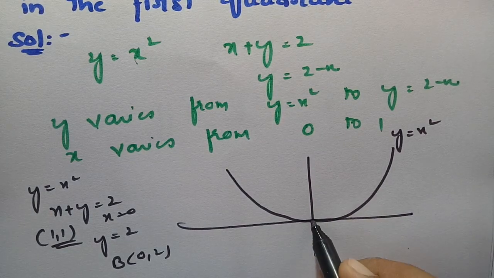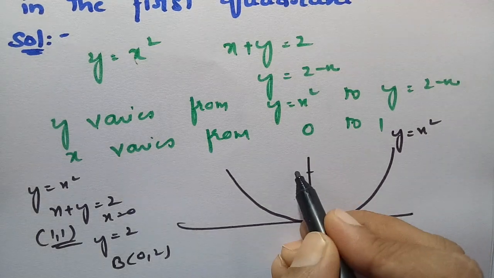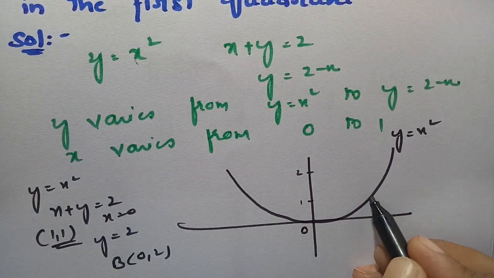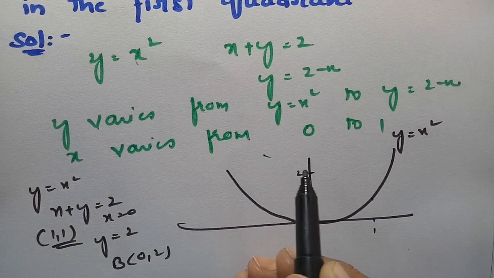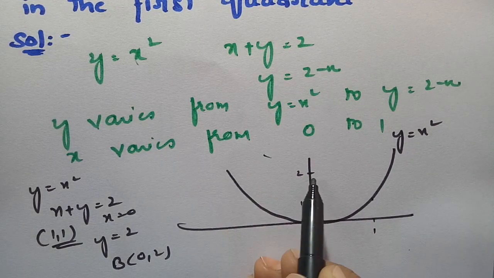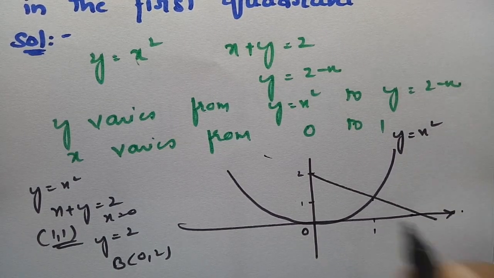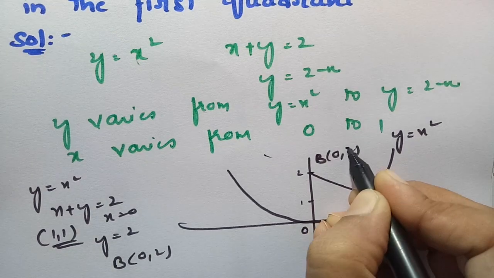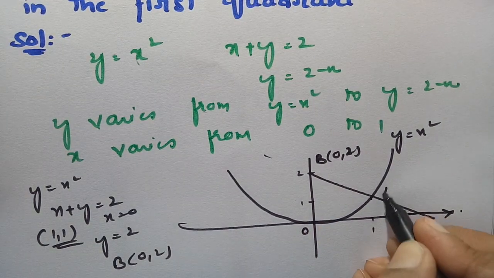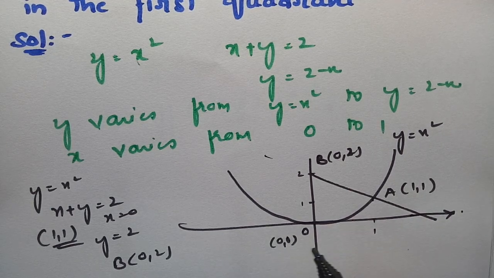And see here, this is the point 0, and this is 1 and this is 2, and here if you observe, this is also 1. If I join this line like this, see here, the B point here is 0, 2, and A point here is 1, 1, and this is the origin 0, 0.